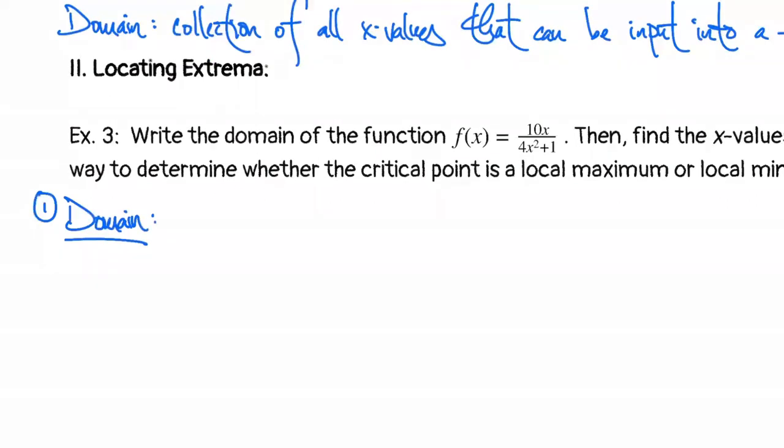So if we're looking at a domain, it is actually better to think about what doesn't work rather than what can work.